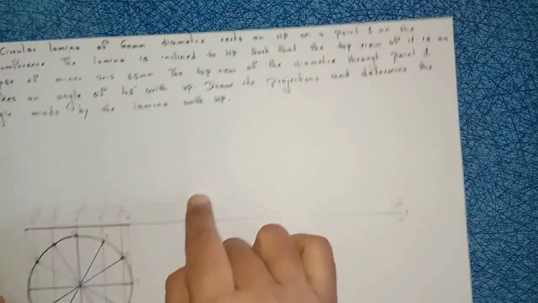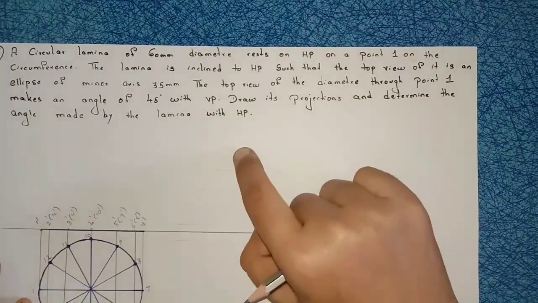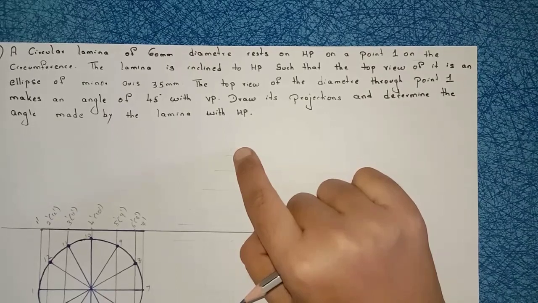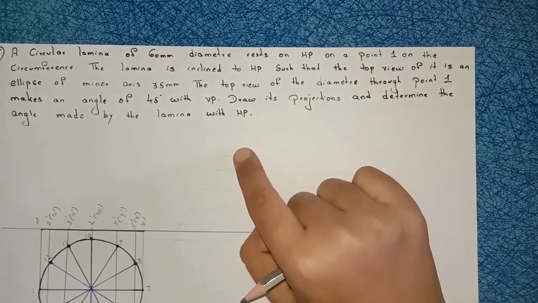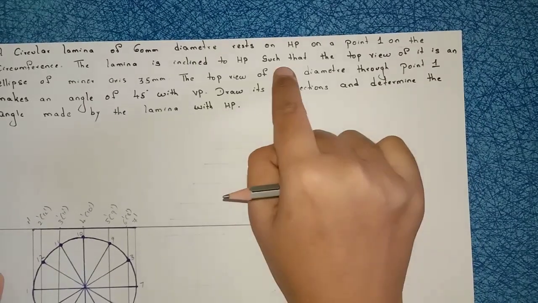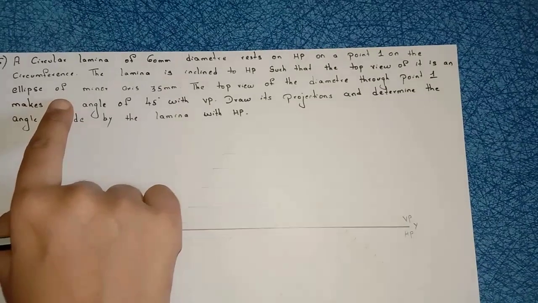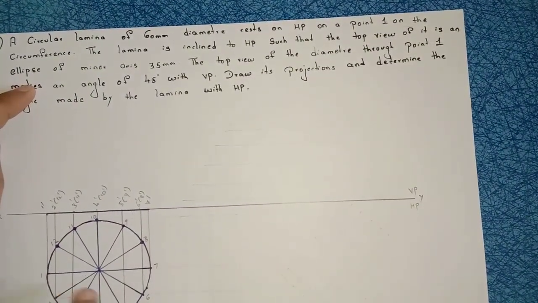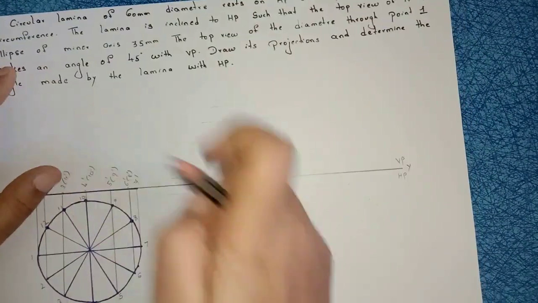But in the question you see the lamina is inclined to HP. The lamina is inclined to HP, but here they didn't mention how much the angle is. Simply they are saying it is inclined to HP, right? But they mentioned one condition, that the top view of it is an ellipse. Top view of the circle looks like an ellipse of minor axis 35 mm.